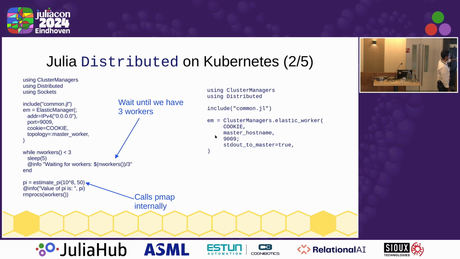And we have this while loop here, which just waits for n workers to come in. We want 3 workers here, so we wait till we have 3 workers, and we sleep for 5 seconds while we do that.